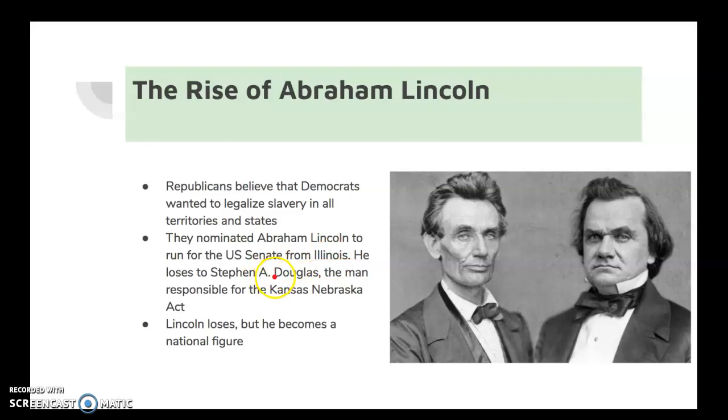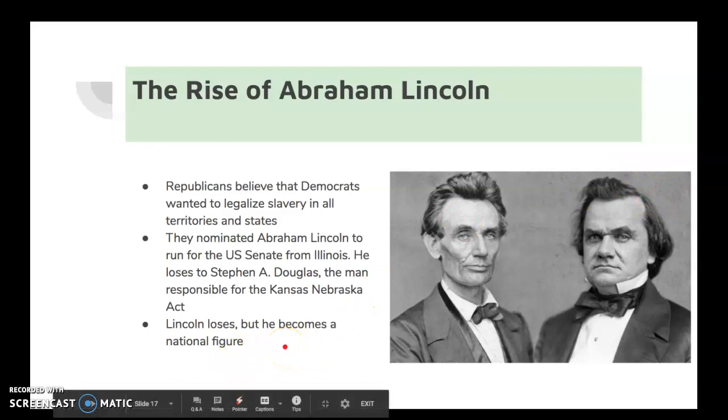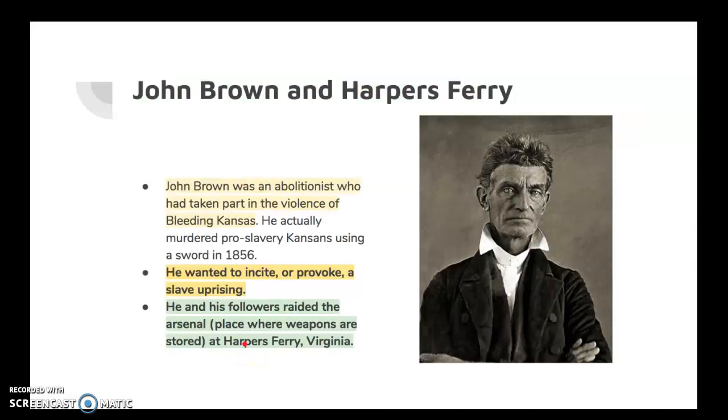And he loses to Stephen A. Douglas, the man responsible for that Kansas-Nebraska Act that suggested that popular sovereignty should determine whether or not states allowed slaves. Lincoln loses that election, but he does become a national figure. Don't worry about that. We're talking about 1858 right here. He'll be back 2 years later to run for the presidency of the United States.